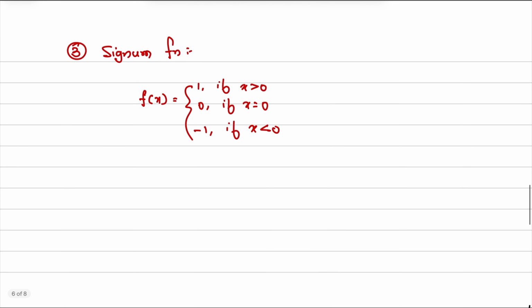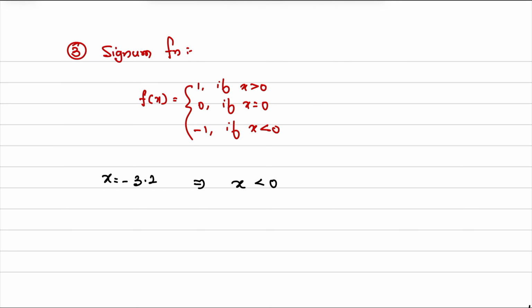For example, let me say x is equal to minus 3.2 as in the previous example. That means x is less than 0.